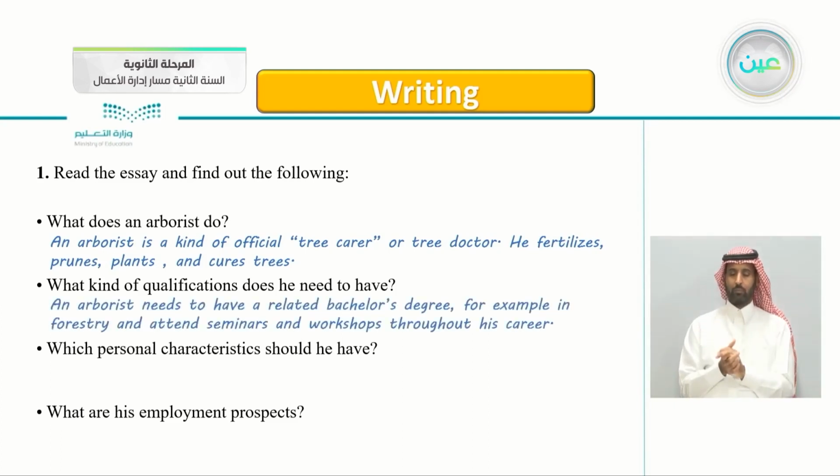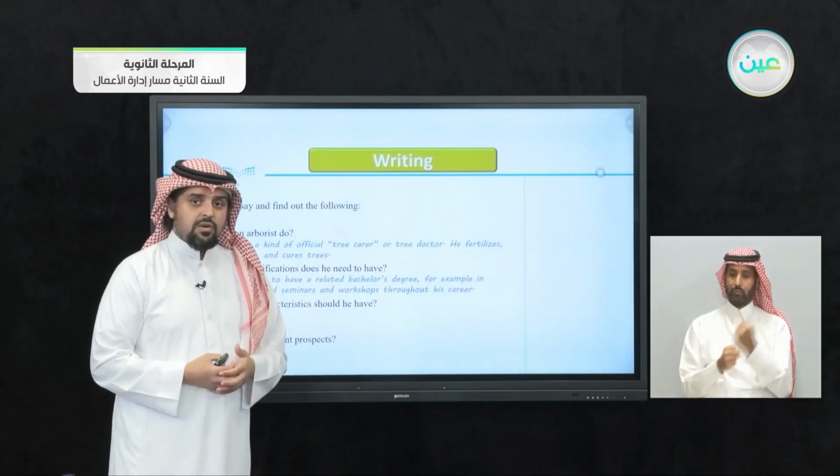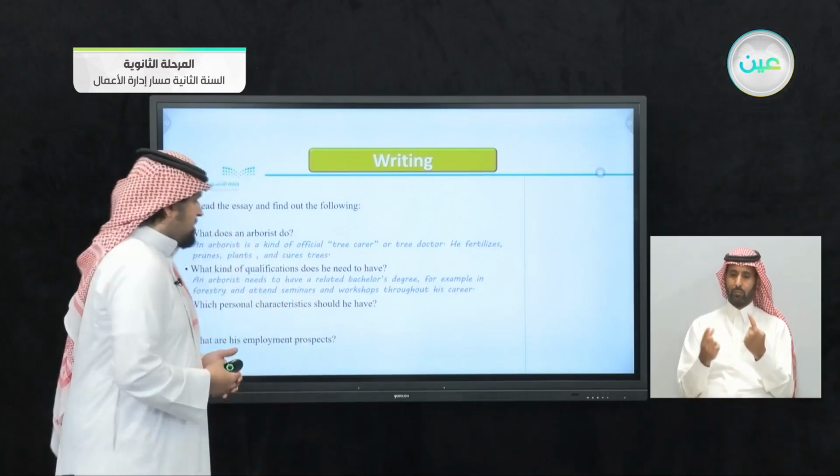An arborist needs to have a related bachelor's degree, for example in forestry, and attend seminars and workshops throughout his career. So you have to have a bachelor's degree in forestry, and you have to attend some seminars and some workshops. So it's not an easy task.